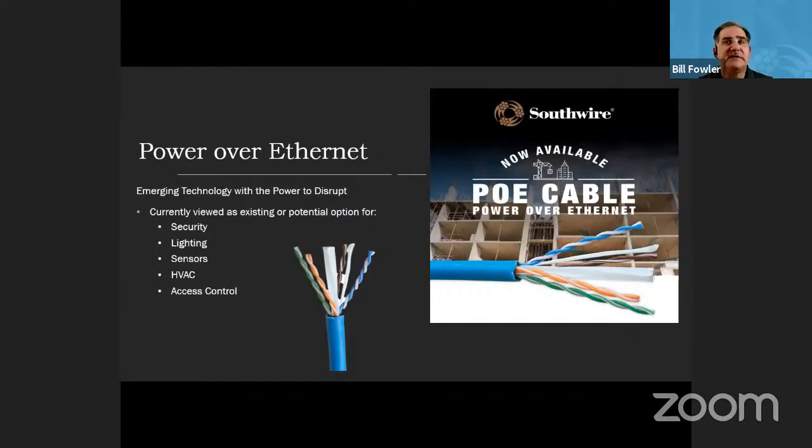So again, Southwire has now introduced a PoE cable. We do have two different variations of this. You'll see, look at the twist per foot. It's a lot on PoE because this is a higher rated data cable in your category 6 range. You're going to see that middle membrane there to keep the separator.